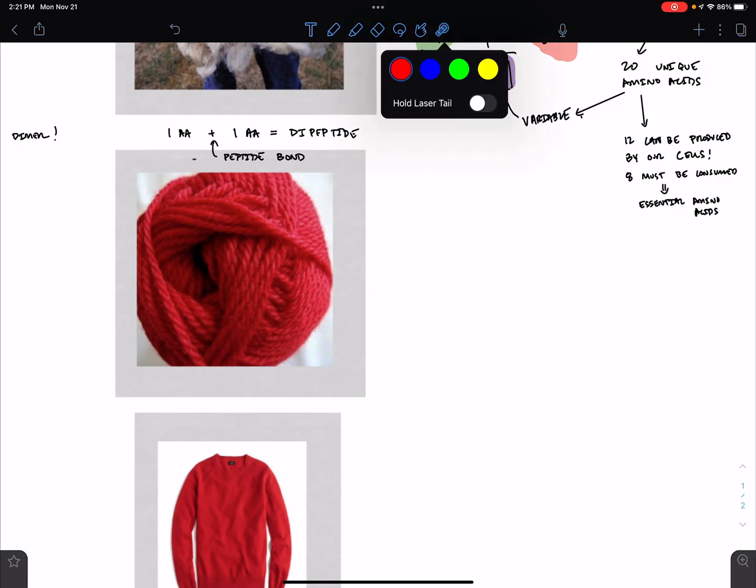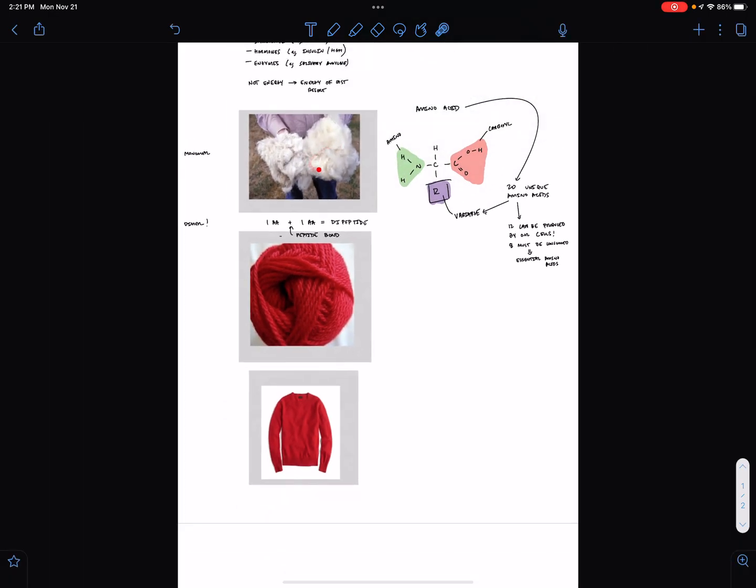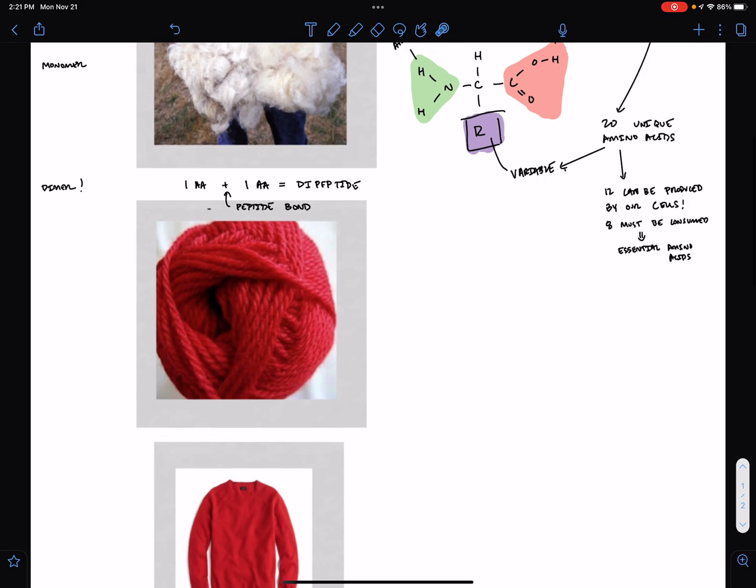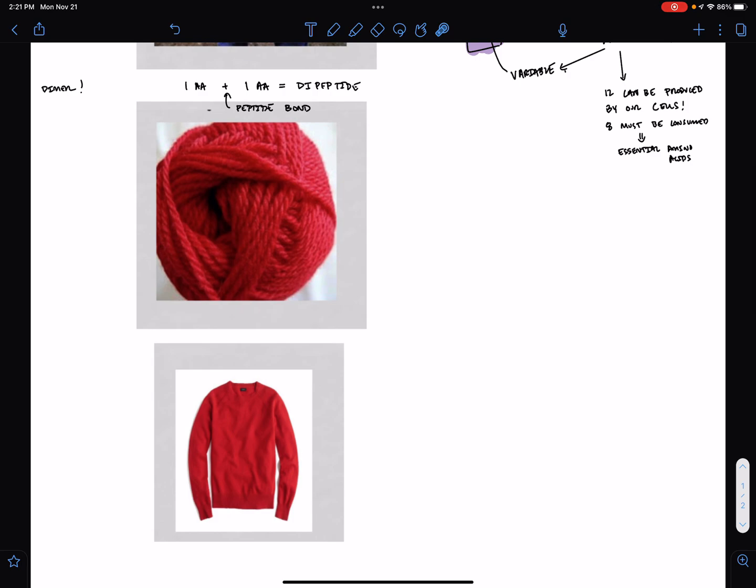Okay, so let me tell you why I've chosen these images of raw wool and yarn and then my sweater. Raw wool is woven into yarn. And yarn in this form, if you just took it out and kind of laid it all over your body, it wouldn't do a fantastic job of keeping you warm.